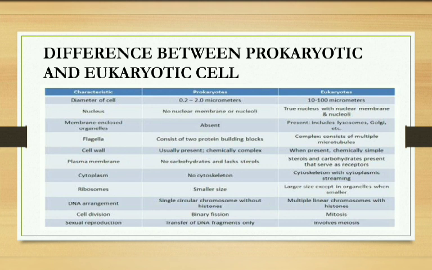Ribosome is smaller in size in prokaryotic, larger in size in eukaryotic. Cell division takes place in a simple way, that is asexual reproduction takes place in prokaryotic cells, especially binary fission. But in eukaryotic cell, mitosis and meiosis also take place. In sexual reproduction, only DNA transformation takes place, and this one is meiosis.